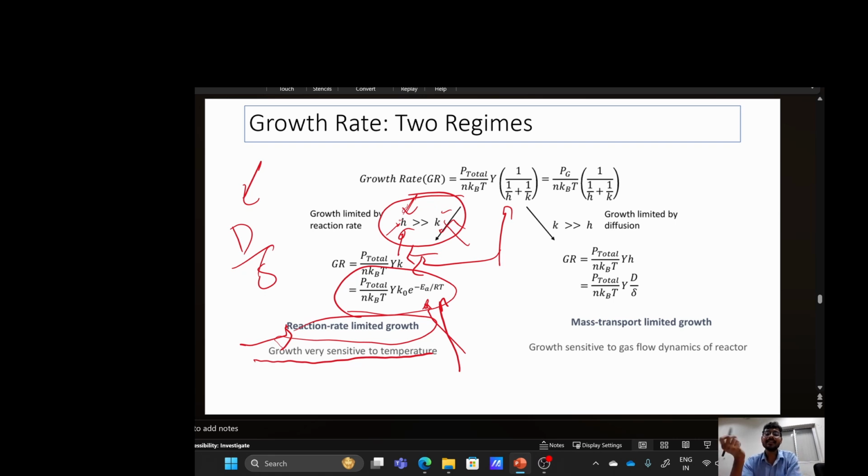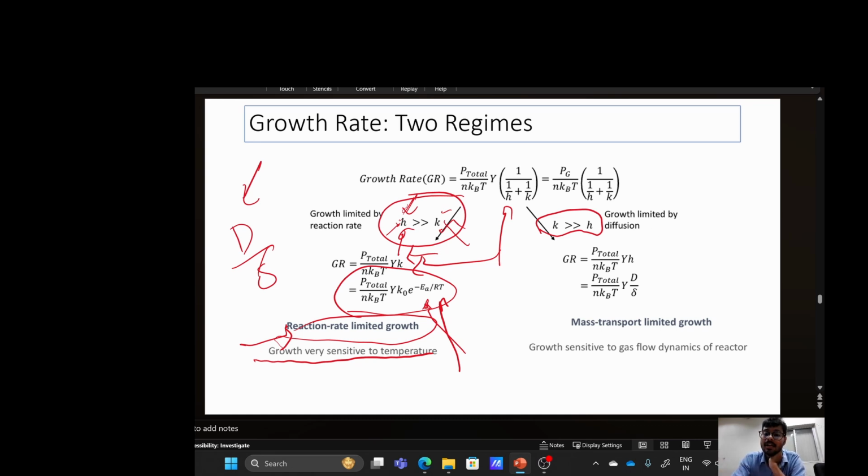The other case is K much greater than H. In this case, the reaction is much faster than the diffusion. We are limited by the diffusion because we do not have enough precursor at the interface where the reaction is happening. We are limited by the precursor, because diffusion is less.